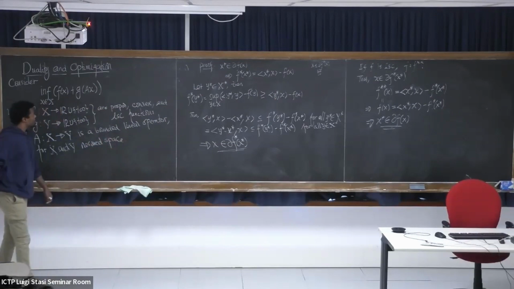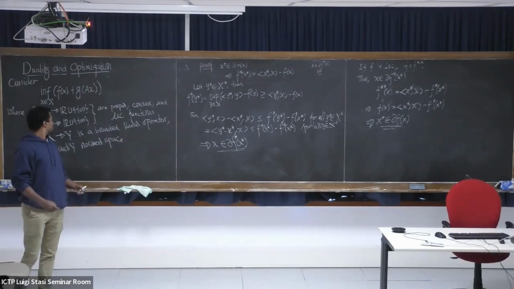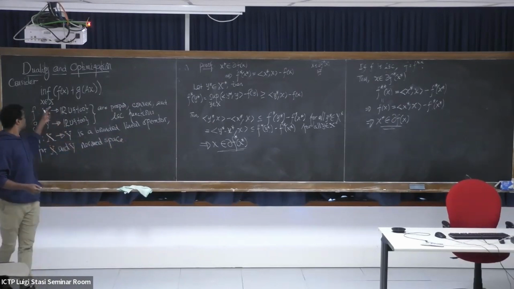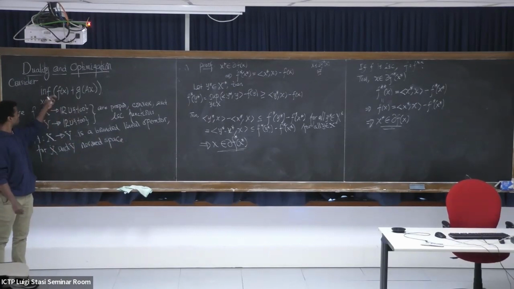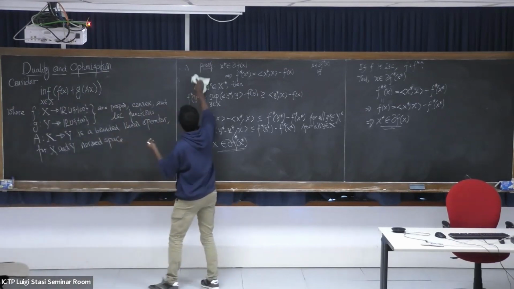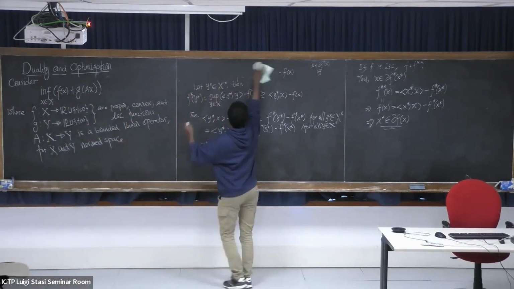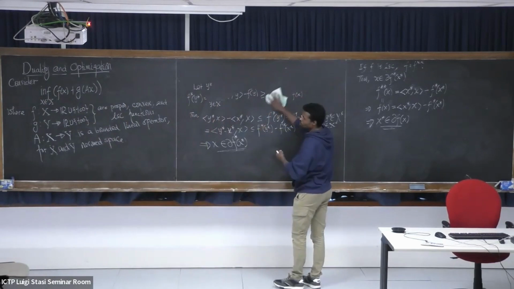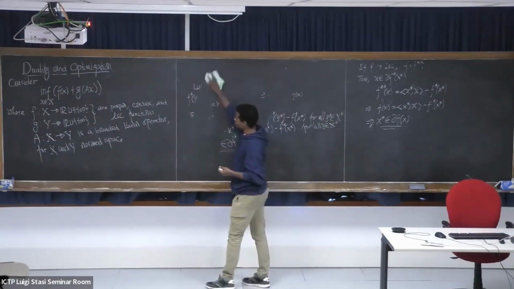Several application problems have this kind of form. This kind of optimization problem has been studied many times, and it is a very famous problem in optimization. Many application problems are studied in this form.